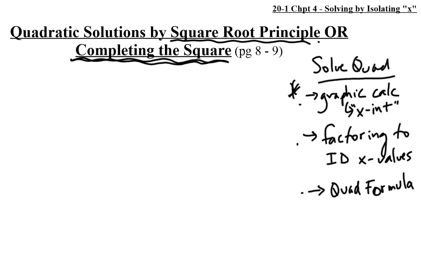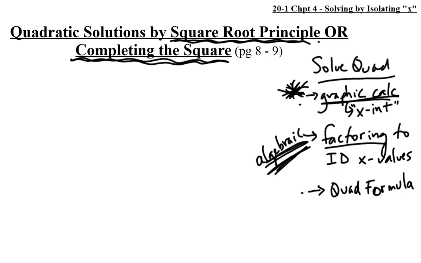Graphing with the calculator, well, if a question says solve algebraically, we know that the calculator's off the table as a choice. It's always a great way to check the work. It doesn't say you can't use your calculator to check, but algebraically means factoring, square root principle, or the quadratic formula, which we'll get to next lesson.